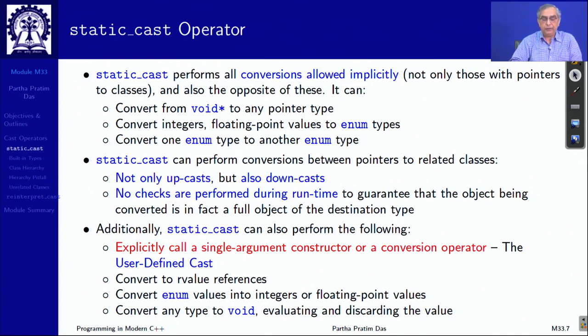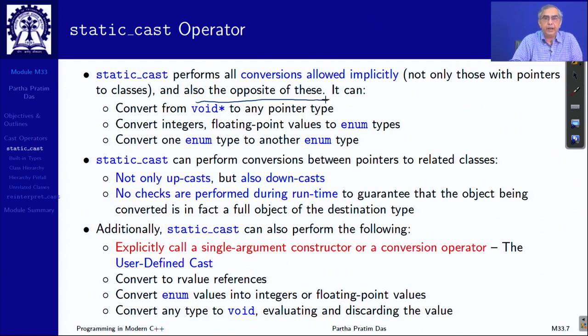This operator can perform all conversions that are allowed implicitly. So, if something is allowed implicitly, you can write a specific typecast operator in that place. We will see examples.